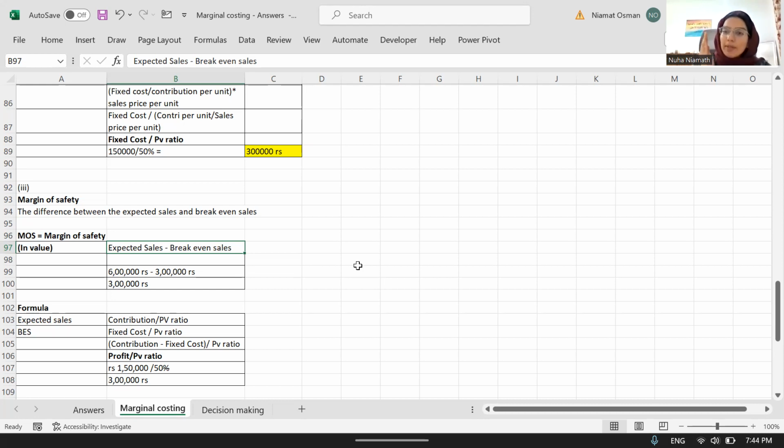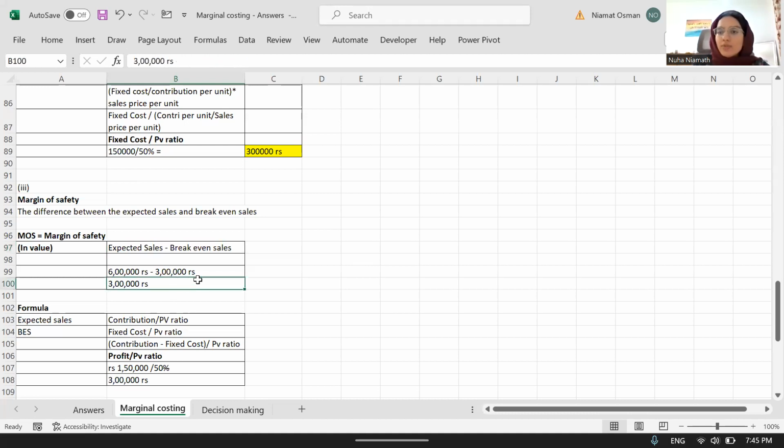Correct? At break-even sales, I'm not getting any profit. I'm getting a contribution but zero profit. But when I sell that 200 units more, I'm able to finally make a profit and it's finally looking like a good green picture too. So that is safety. That is my margin of safety. I'm happy with that. It's making me safe because I'm getting a profit there. Clear, Khadija? Okay.